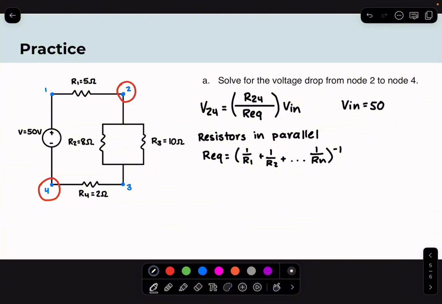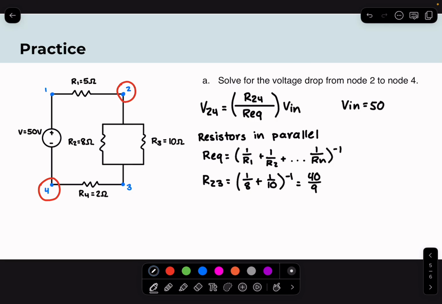Applying that to this specific problem, R from 2 to 3 is going to be 1 over 8 plus 1 over 10, and the inverse of that. Simplifying this, you get 40 over 9.